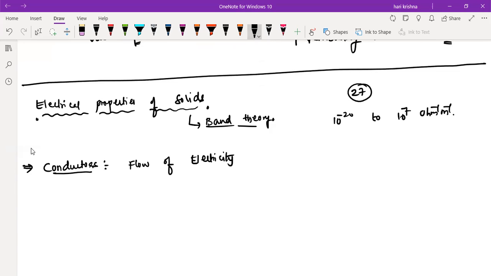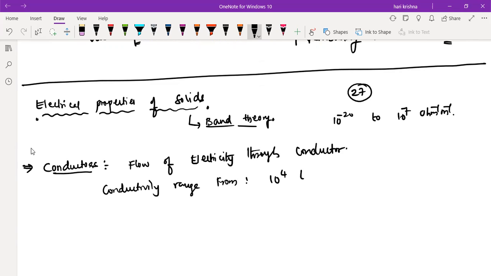So the flow of electricity through a substance, that is called conductors, which has the conductivity range from 10 power 4 to 10 power 7 ohm inverse meter inverse. These are the conductivity range for the conductors.